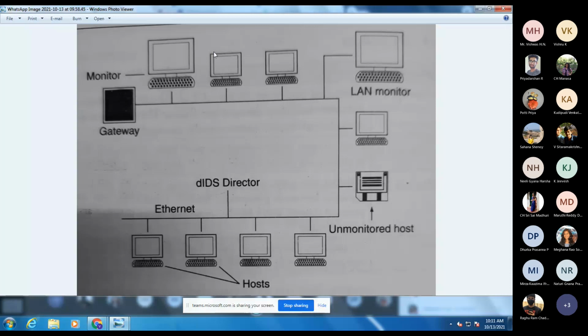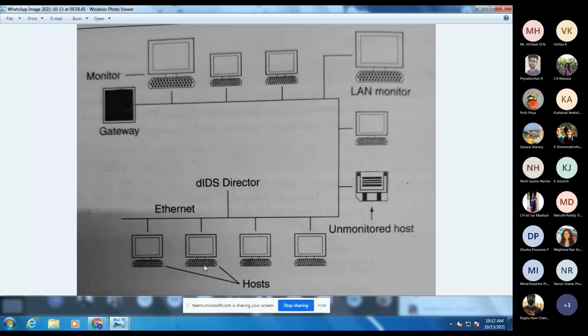Or in this scenario, in distributed intrusion detection architecture, there is a separate LAN monitor which will keep track of the issues or the events which are happening in this local area network. Is that clear? This is the distributed intrusion detection system. Why is it called distributed intrusion detection?